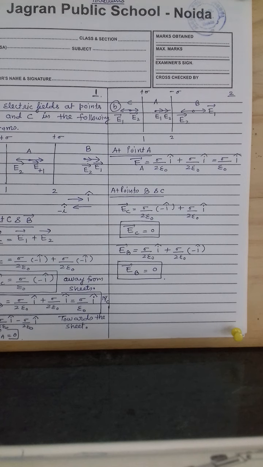It means in the direction of I cap. Regarding plate 2, E2 is towards the plate. Okay, so electric field at point A is the vector sum of E1 and E2. Using principle of superposition, we have EA is equal to sigma upon 2 epsilon naught I cap plus sigma upon 2 epsilon naught I cap gives you sigma upon epsilon naught I cap.